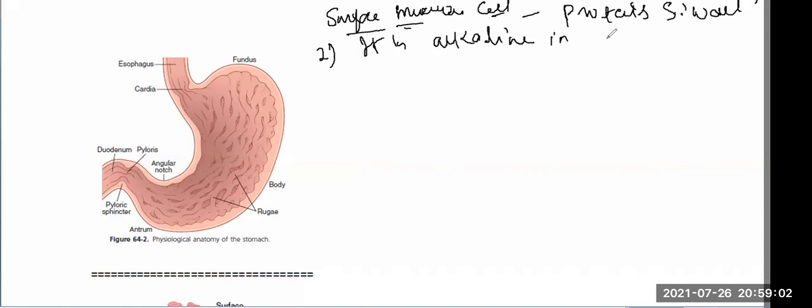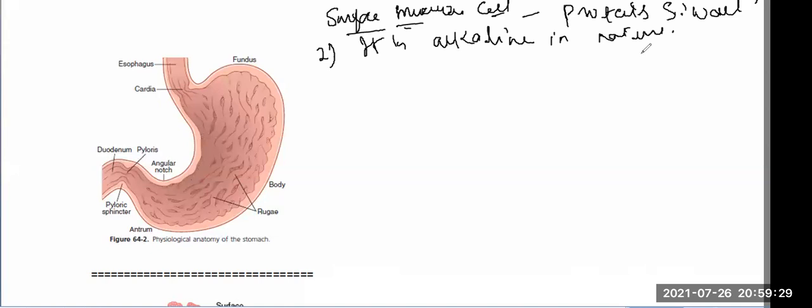And you know that you have a highly acidic environment inside the stomach, so this alkaline mucus will help. It is alkaline in nature, and your underlying stomach wall is not directly exposed to the highly acidic stomach secretion. You have alkaline mucus in between.